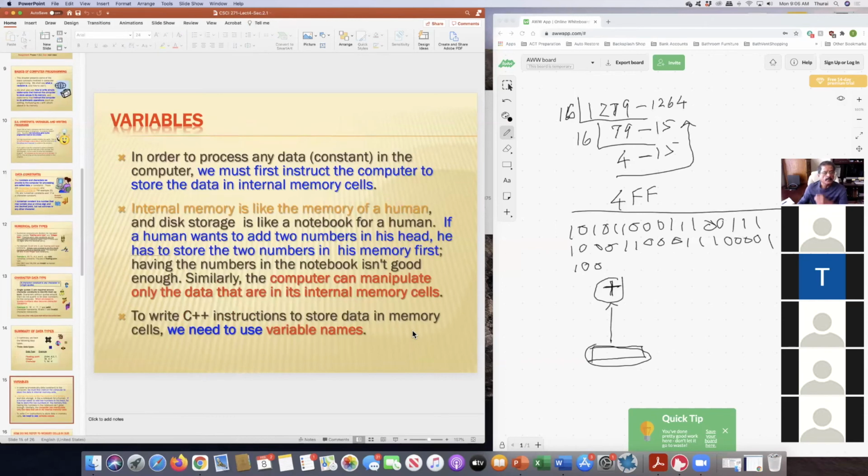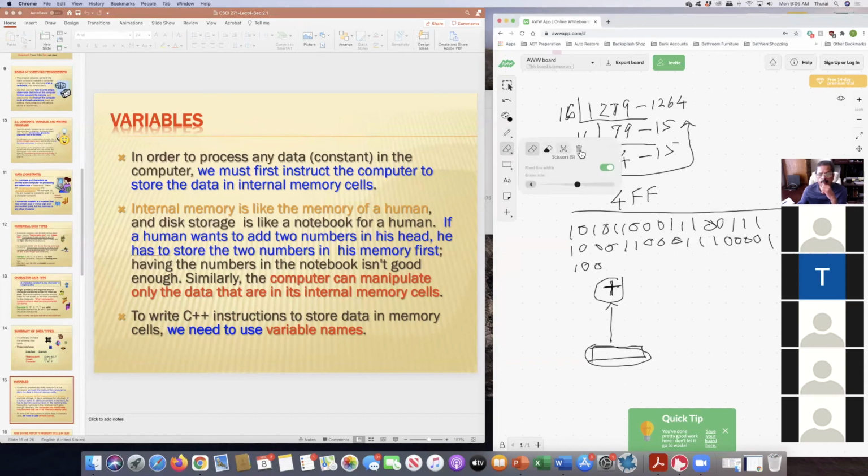Okay, moving on. A variable would be a name that we make up to store a number in the computer system. The name we make up would become a name for the memory cell. So basically, you're making up a name to represent a memory cell. That's how we access memory cells, by creating a name.